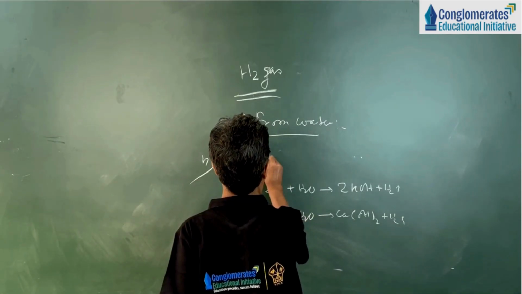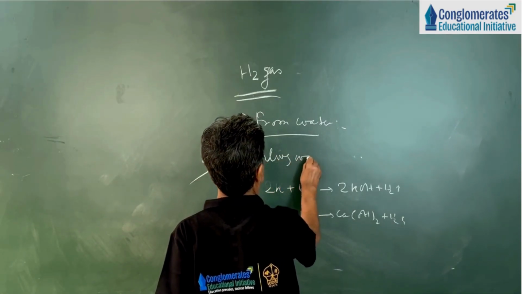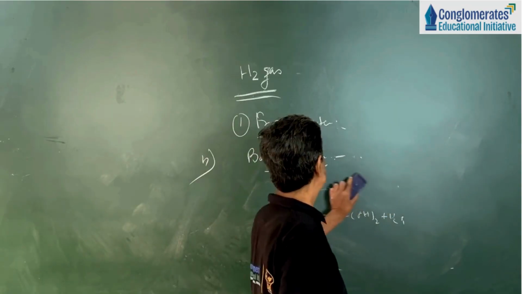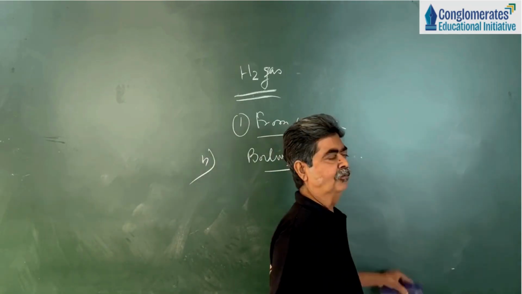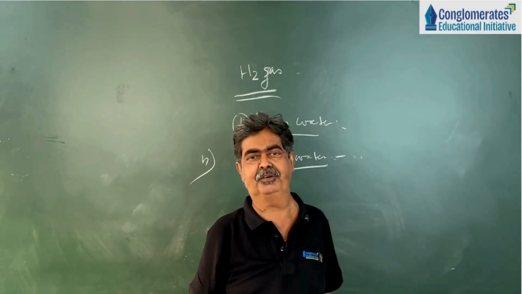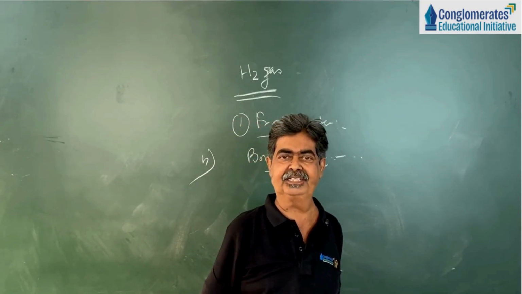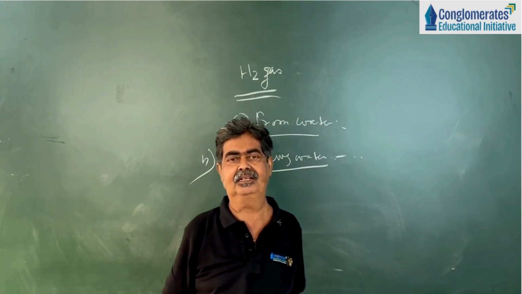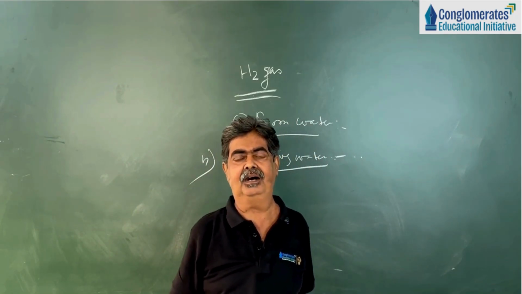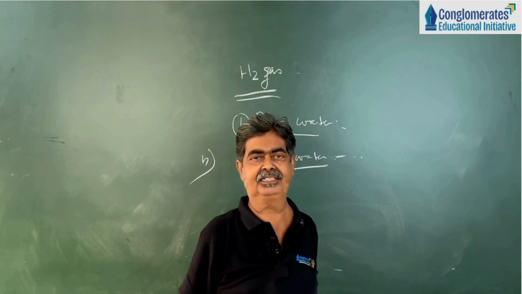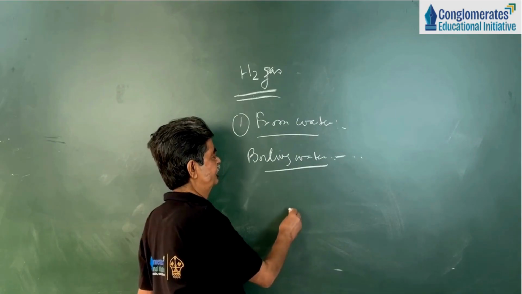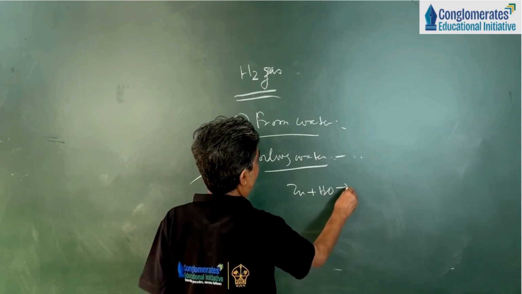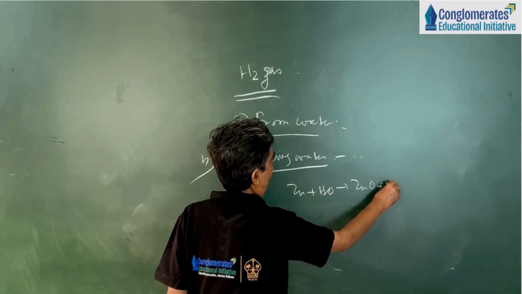boiling water. Now with boiling water, there are a few metals which react with boiling water to form hydrogen gas with the respective oxide, like zinc, lead, magnesium, etc. They combine with water at boiling condition, that is Zn plus water will get ZnO plus hydrogen gas.